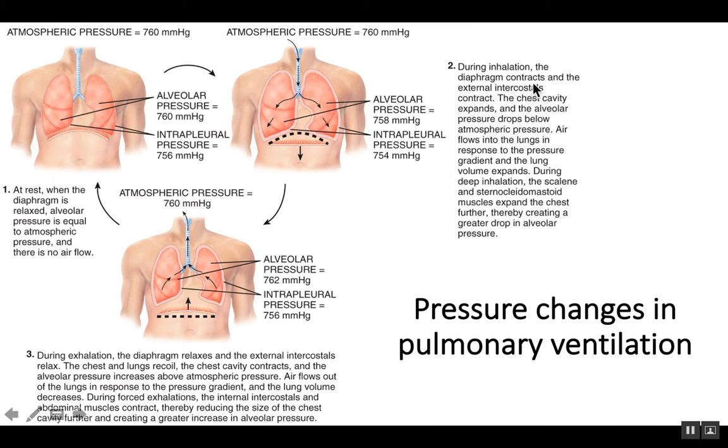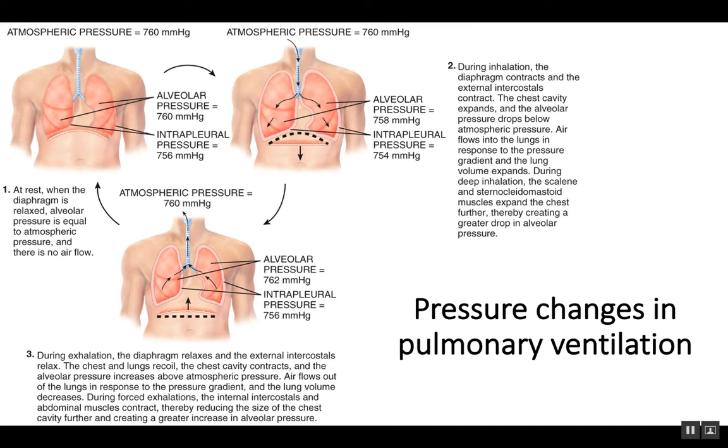This follows what we call one of our gas laws. This gas law states, and this is known as Boyle's law, that the size of a container is inversely related to the pressure in that container. So, as the chest cavity expands and gets bigger, the pressure in the lungs is going to drop.